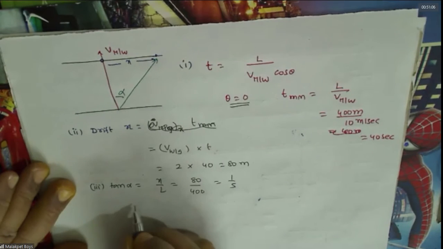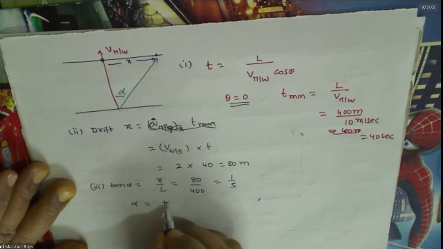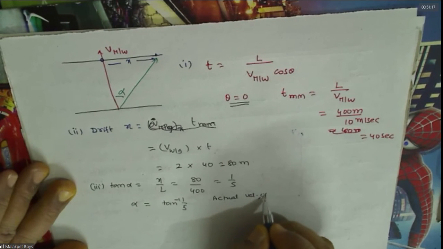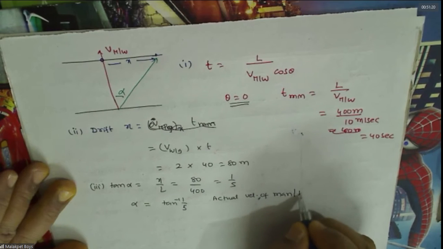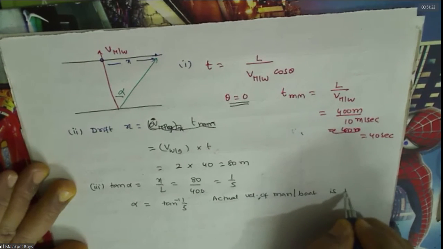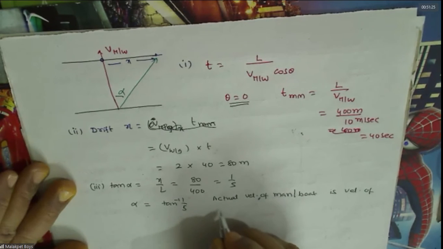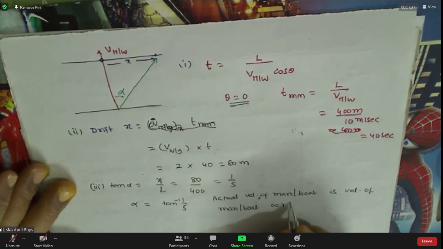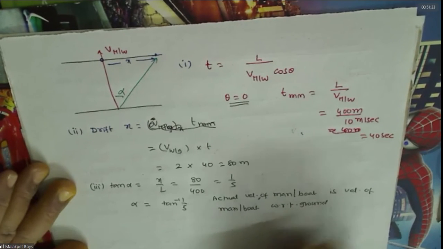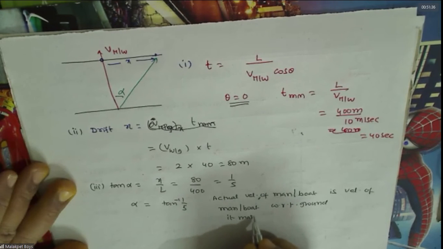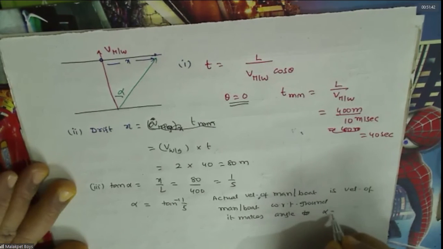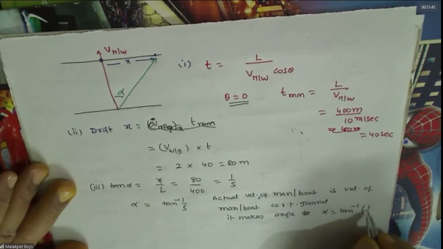So alpha equals how much? So the actual velocity, alpha is how much, with what?